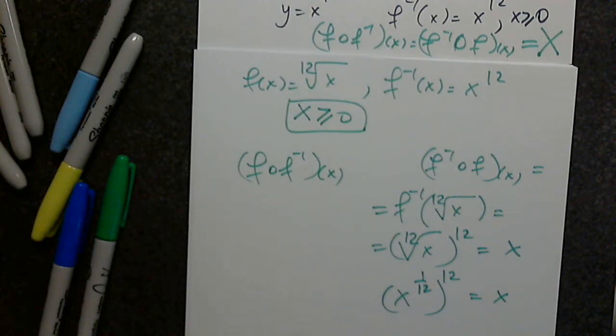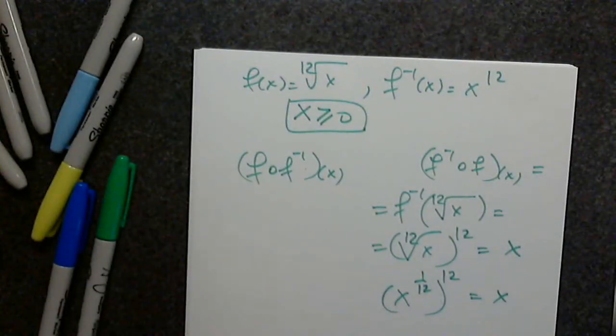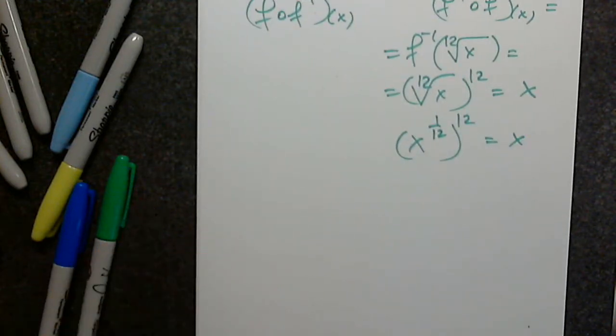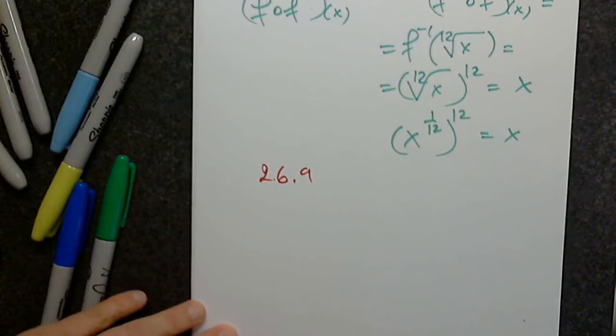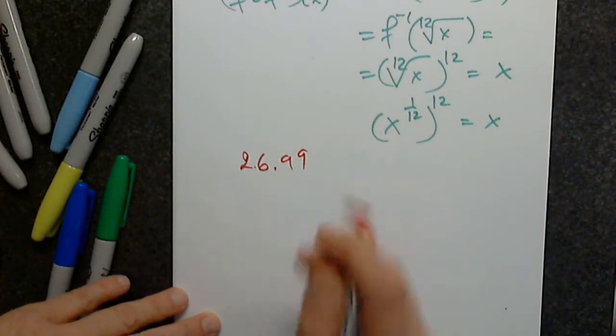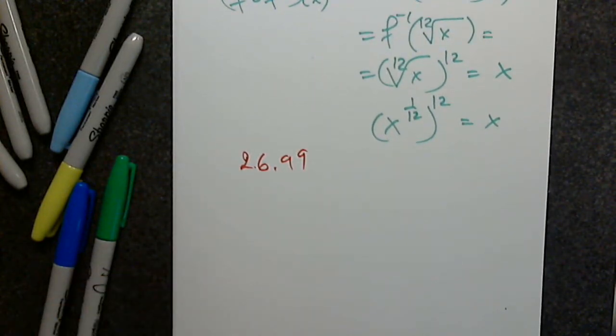My pleasure. Anything else that we need to discuss? Yes, please. I have one more. Yes, go ahead. If you got 6.99, that's more of a word problem. 2.6.9. Yes, 99. Okay. And it's a word problem. Is it something you sent me? I think I did. Let me send it to you now.